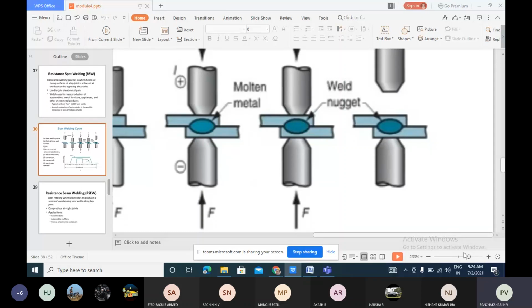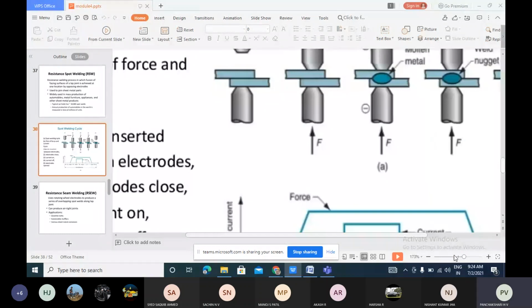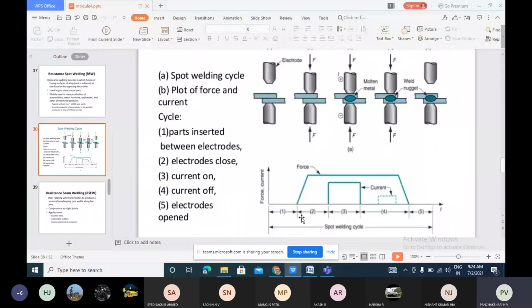So in this cycle diagram, you can see how exactly the cycle is followed. Above this diagram, this graph is plotted. The y-axis is the force, the x-axis is the spot welding cycle. In the first stage, no force is applied, zero force. Then as it comes to the second stage, you can see the gradual application of force.